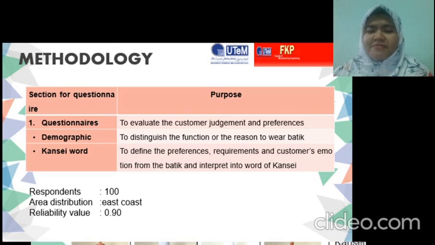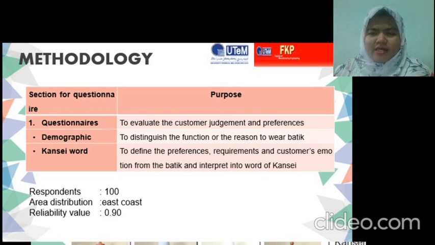we want to define the preference, the requirement, and the customer emotions from the batik and interpret them into words. For example, we put one design, which is a floral motif, and we give about 4 or 5 Kansei words, for example interesting, beauty, complex, artistic, unique.